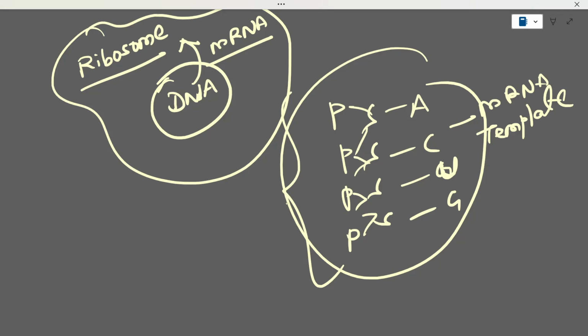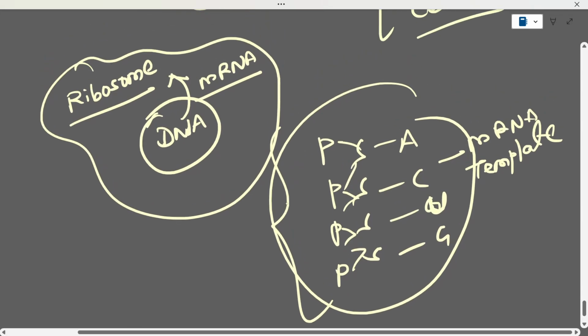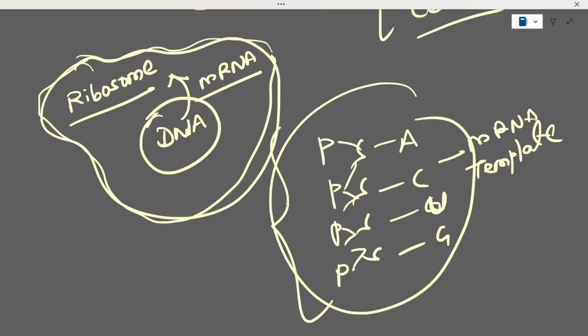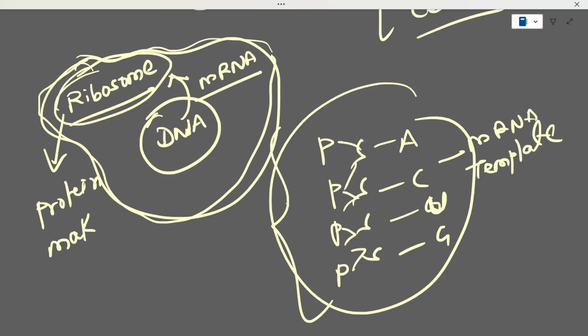This template will be carried out of the cell nucleus into the body of the cell, and here in the body there is an organelle called the ribosome, and ribosomes are the protein makers of the cell.